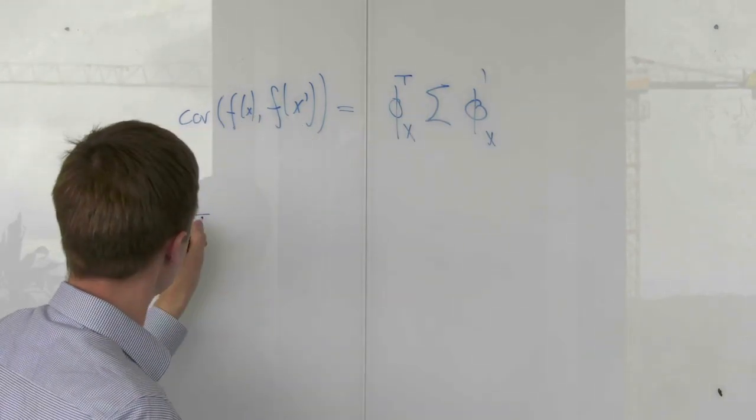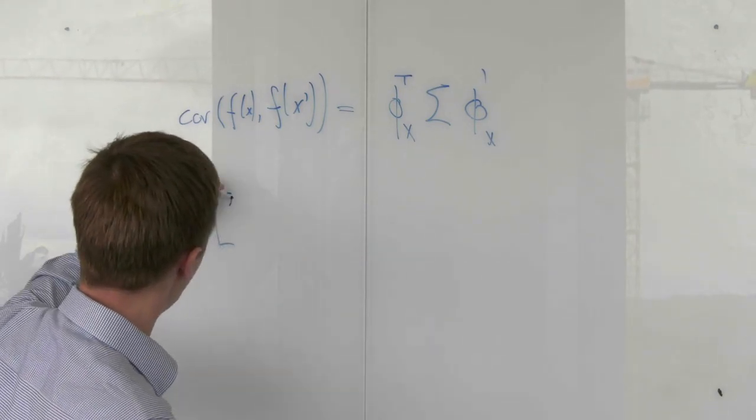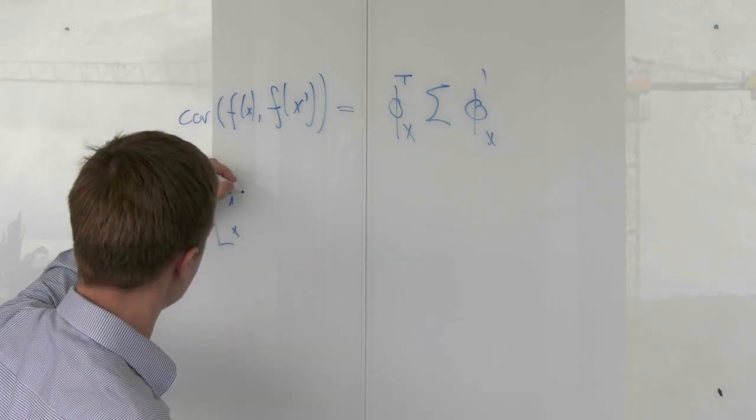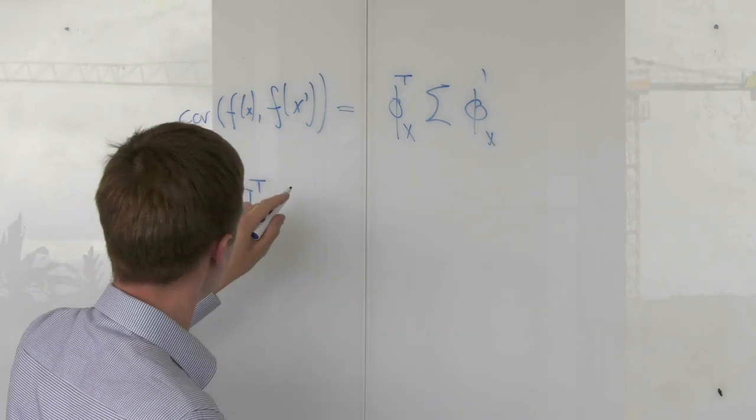So what is phi of x? Phi of x is the vector 1 and x, transposed, with this matrix.